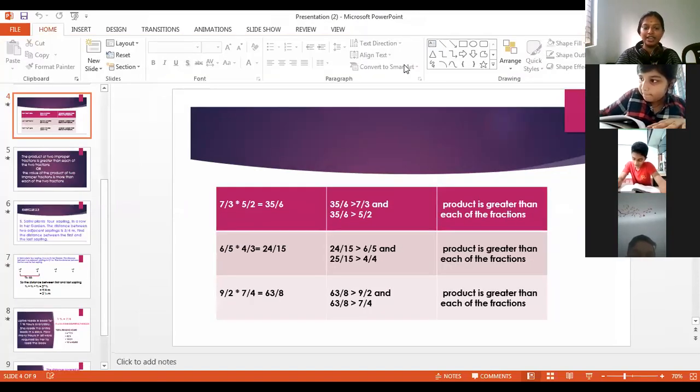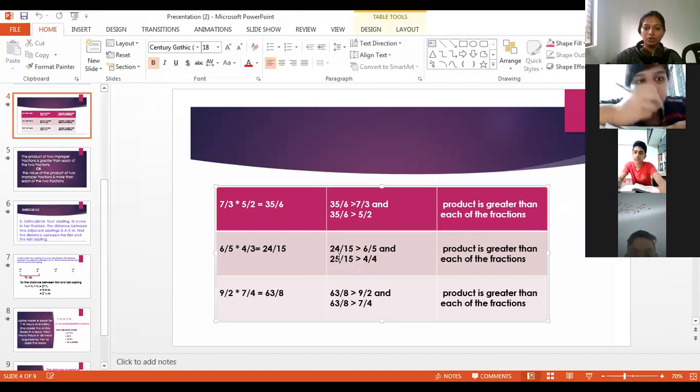What is the value of 9 by 2? We know that the value of 9 by 2 is 4.5. Then what is the value of 7 by 4?